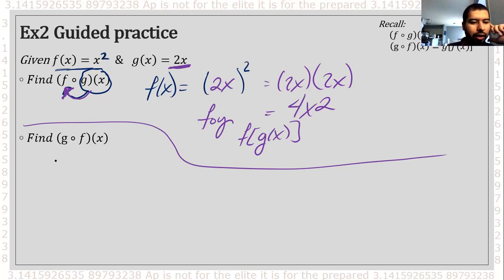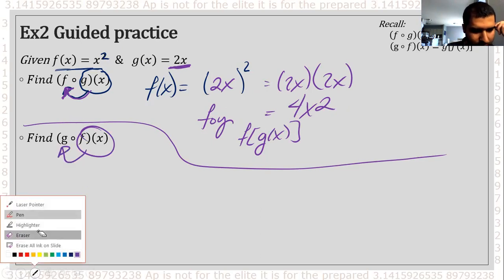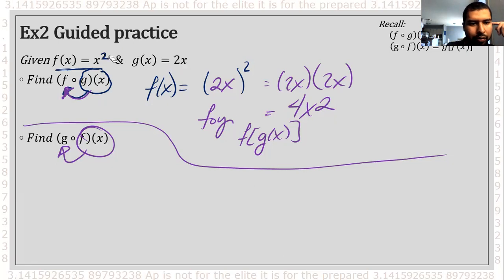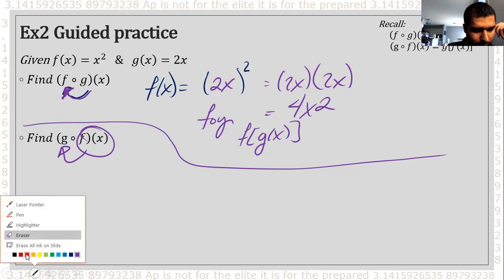Excuse me. Alrighty, the next one. My F of X goes into my G. So I'm going to erase some stuff so it looks a little prettier. All right, let me do red.